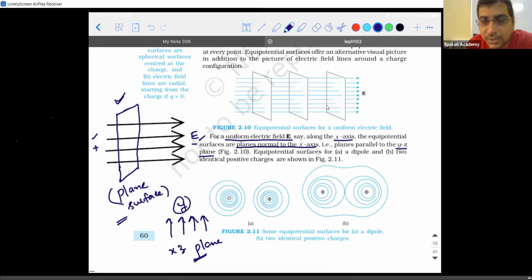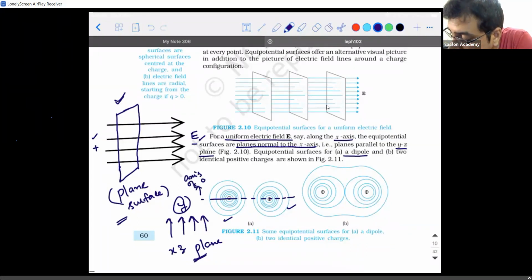So equipotential surfaces for a dipole. What is a dipole? It has a set of positive and negative charges. We saw one important point. If I draw a line passing through these positive and negative charges, this is the axis of dipole, right?